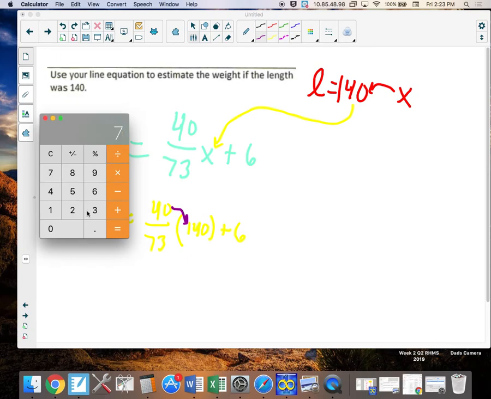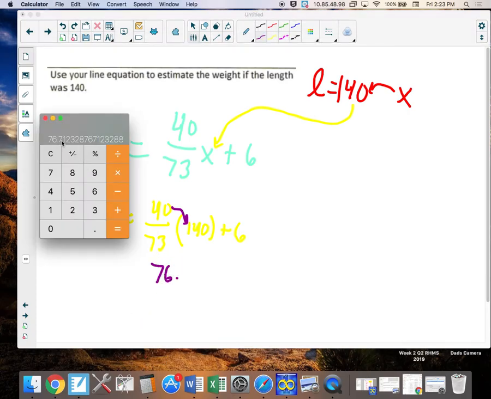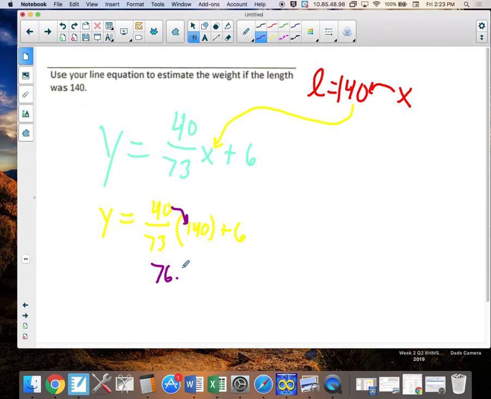We divide that by 73, and we get 76.71. So we're going to estimate that as just 76 point, and then to one decimal place, a 7. The 1 causes the 7 to stay. Then all we have to do is add 6, and 76.7 plus 6 is 82.7, and that's the weight.